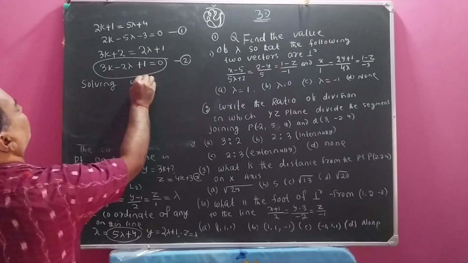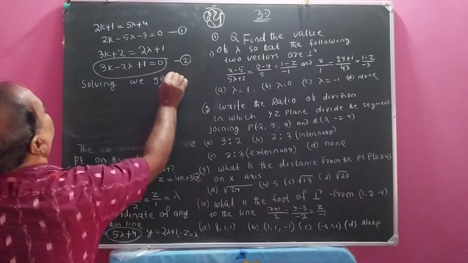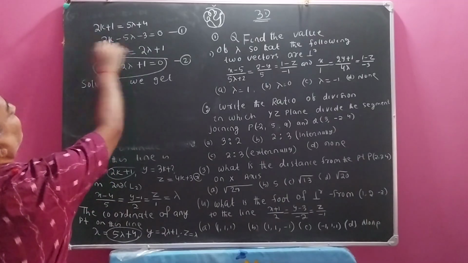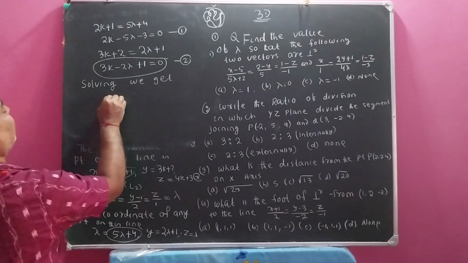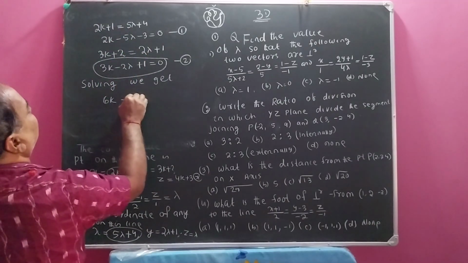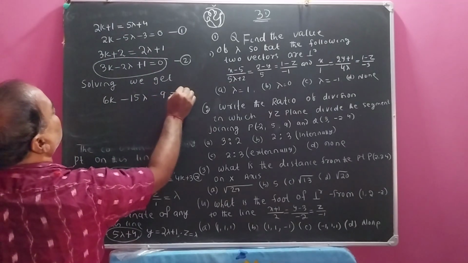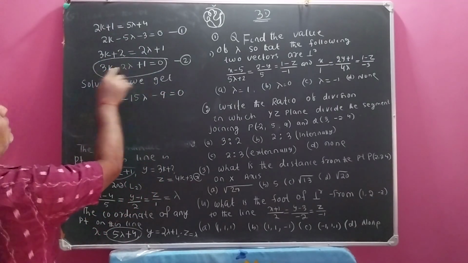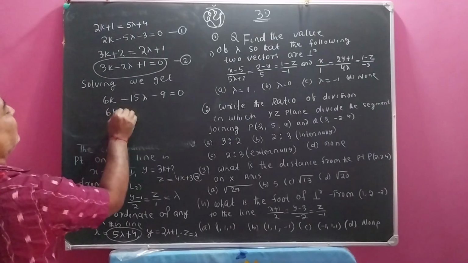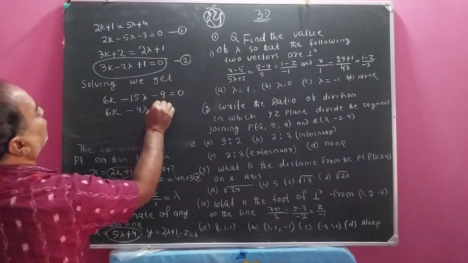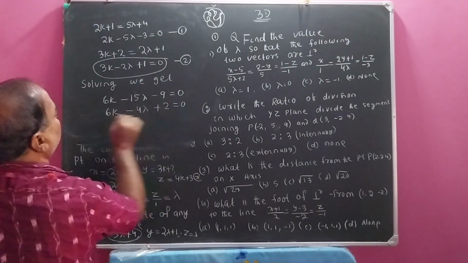Okay, so solving, we get: here it is 2k, here it is 3k. Multiplying by 3, 6k minus 15 lambda minus 9 is equal to 0. Here we multiply by 2, it is 6k minus 4 lambda plus 2 is equal to 0.